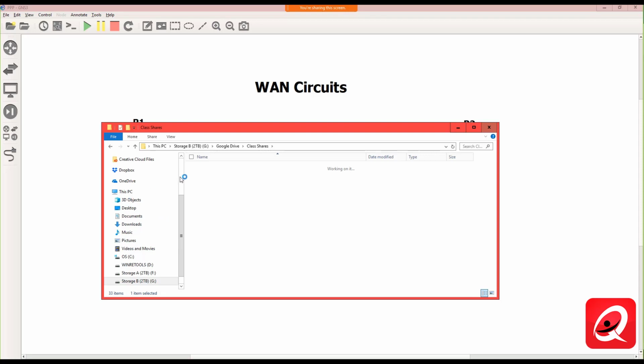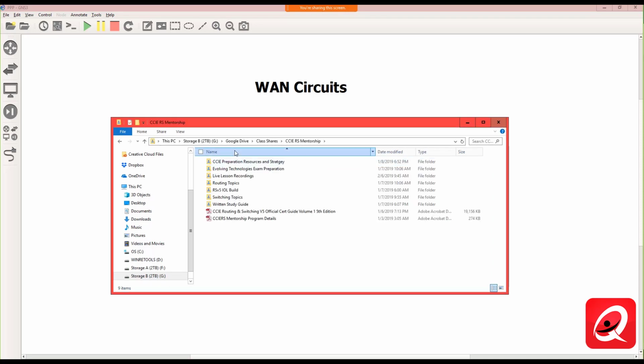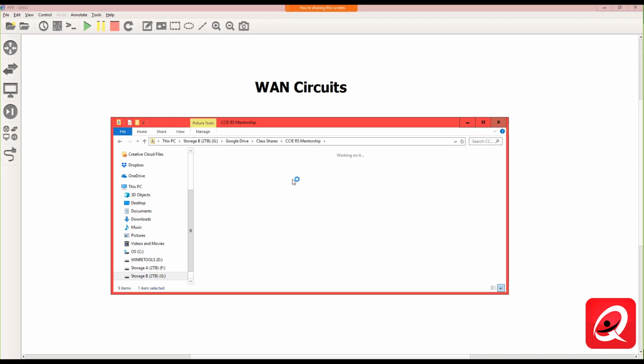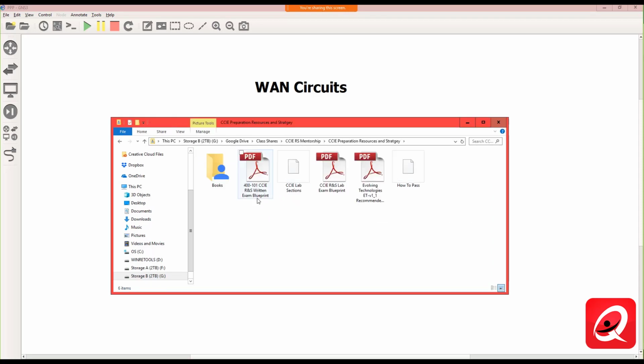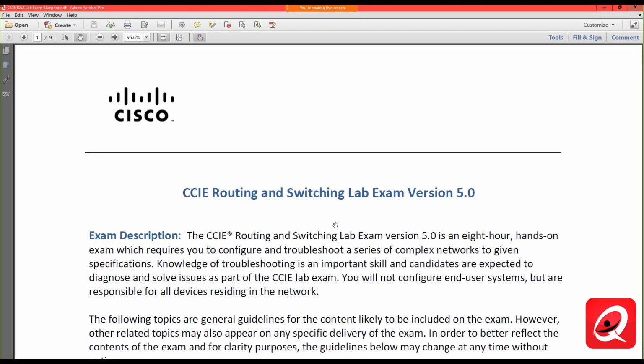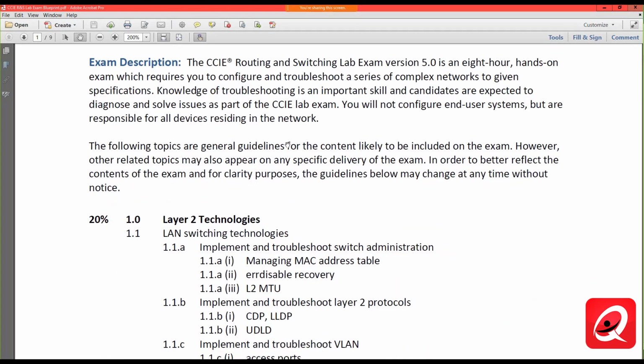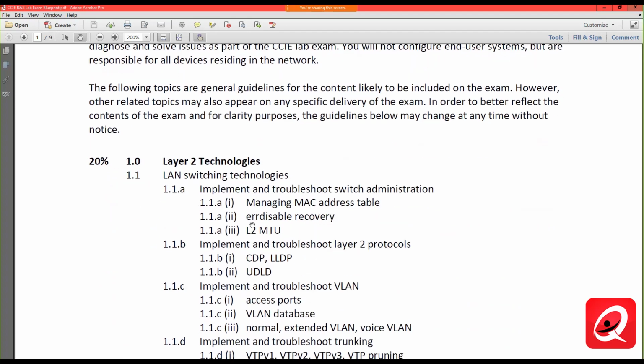Class shares, CCIE, and if I go into, seriously, come on. They're folders. How hard can that be? I wonder if I've somehow managed to fill up my hard drive.